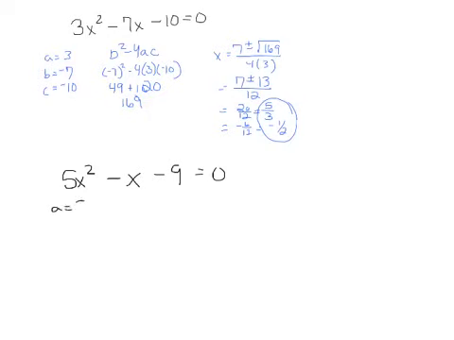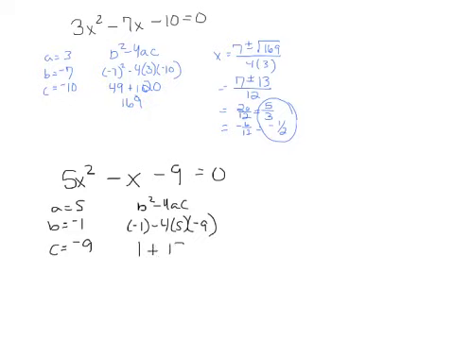A is equal to 5, b is equal to negative 1, c is equal to negative 9. So it's b squared minus 4ac, negative 1 squared minus 4 times 5 times negative 9. So it's going to be 1 plus 180, so it's going to be 181.